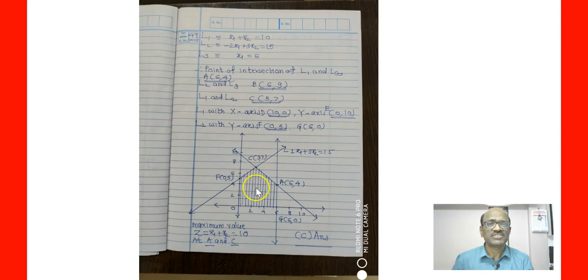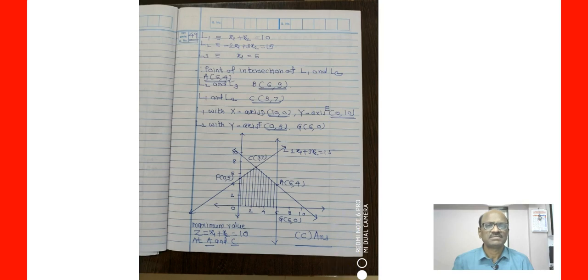Now this is the feasible region. Find out their values. That is at the points A and C. Therefore the correct option here is C. Hence option C is the correct one.